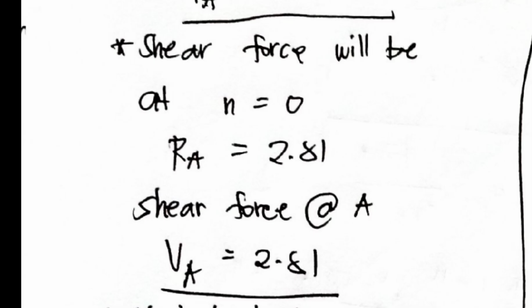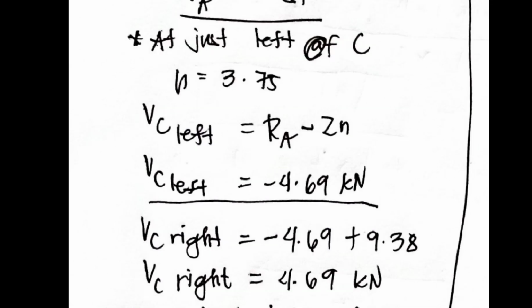Next is the shear force. At N equal to 0, RA is equal to 2.81, so the shear force at A is 2.81. Next, just left of C, N is equal to 3.75. So VC left is RA minus 2N, which is 4.69 kN.